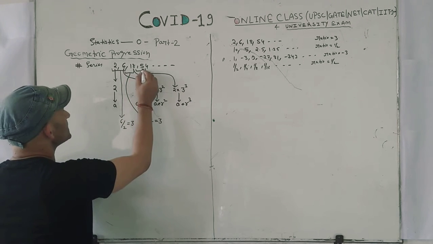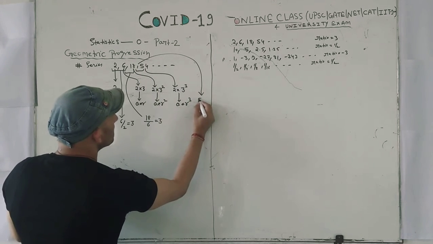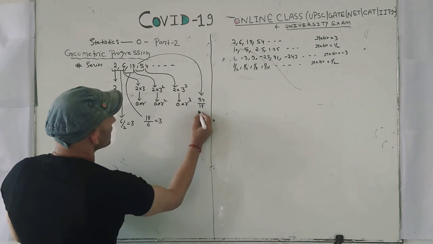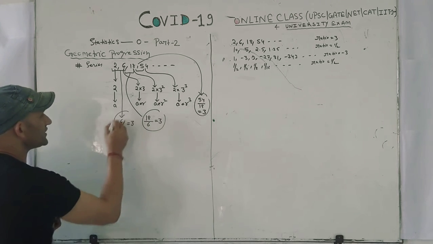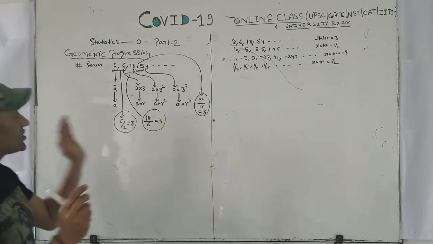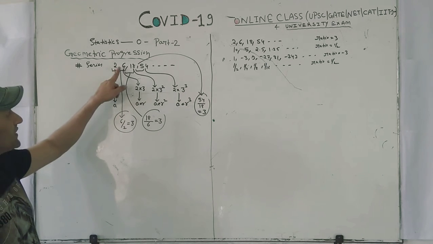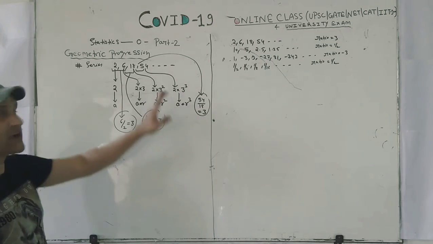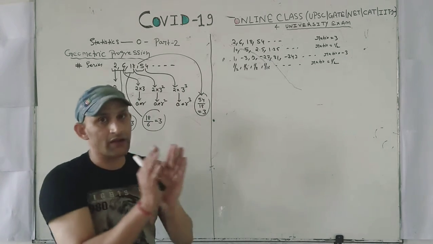If we talk about this series, 54 upon 18 is again 3. This is also 3, this is also 3. So whenever the ratio, this upon this, is the same every time, then such a series is in geometric progression.